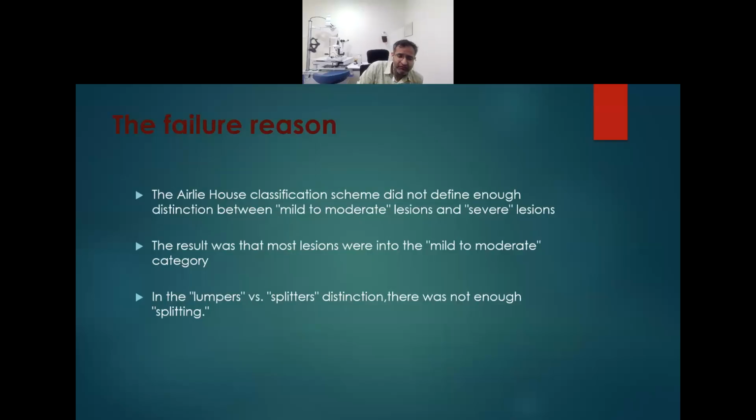It did not define the distinction between mild to moderate and severe lesions, and the result was that most lesions were categorized as mild to moderate. So there was more lumping and less splitting. That is, fewer were classified as severe NPDR, and more were classified as moderate diabetic retinopathy. This classification was not enough.